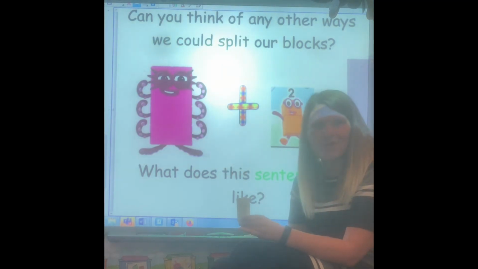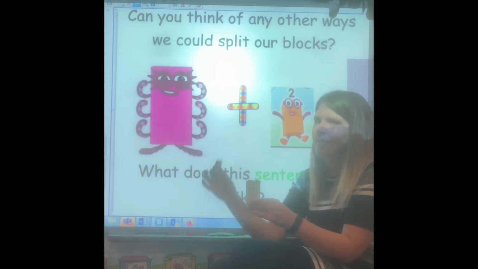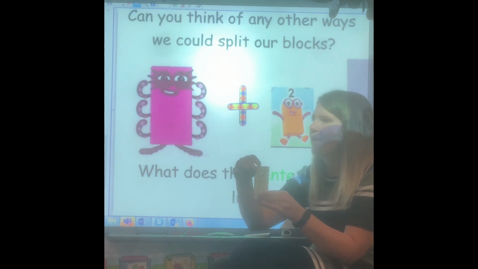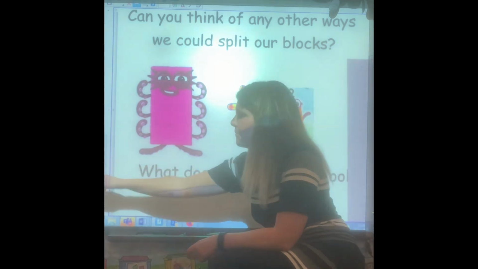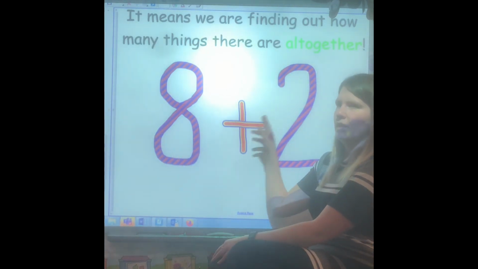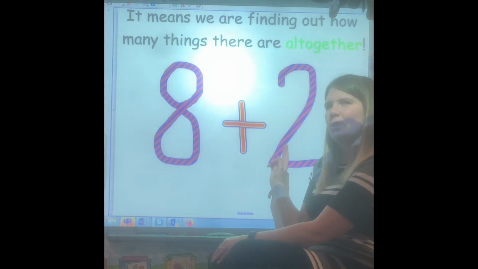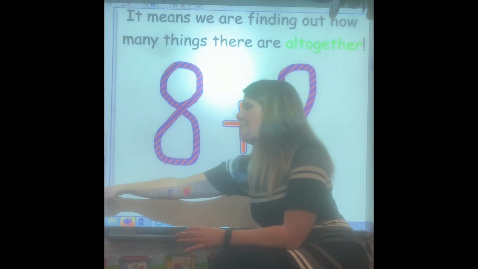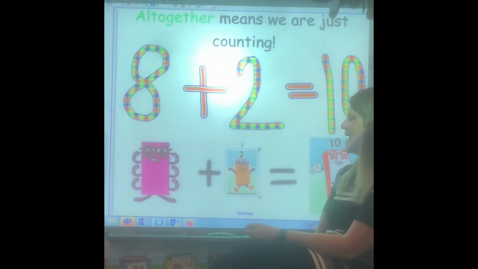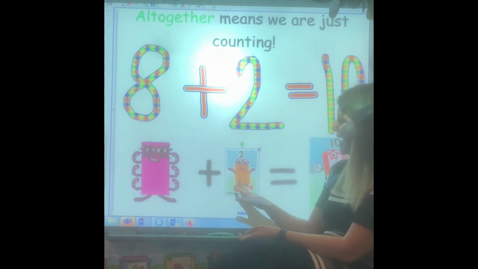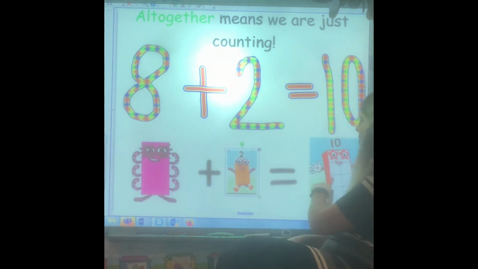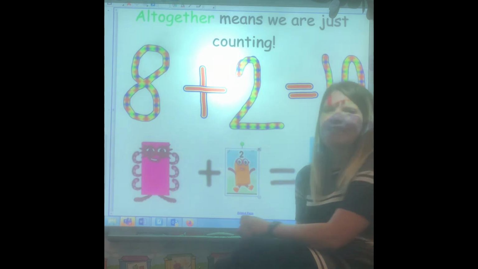Well done if you knew that already. 8 plus another 2 would get us back to 10. So if we write it into our number sentence, 8 plus 2 equals, can you remember? 8 plus 2 equals 10. And there they are there. There's Octoblock 8 and number 2. And when he jumps on top, he would turn back to number 10.